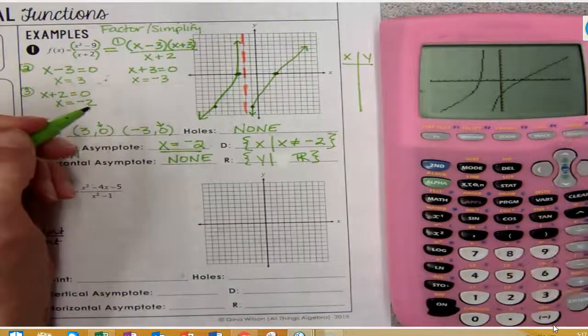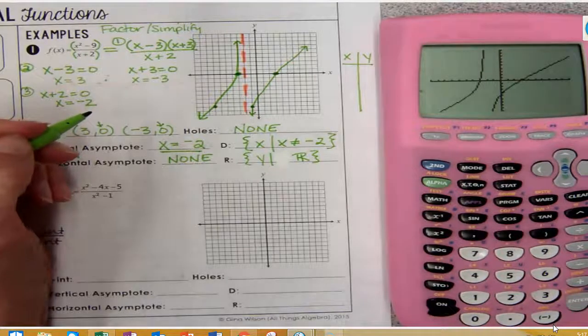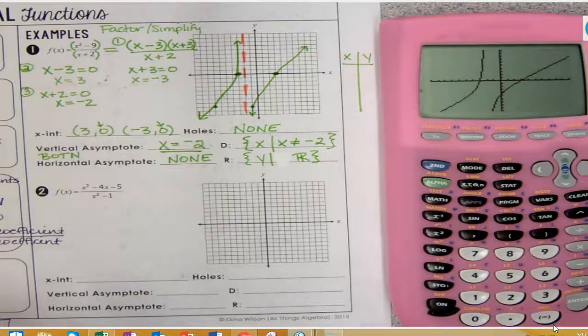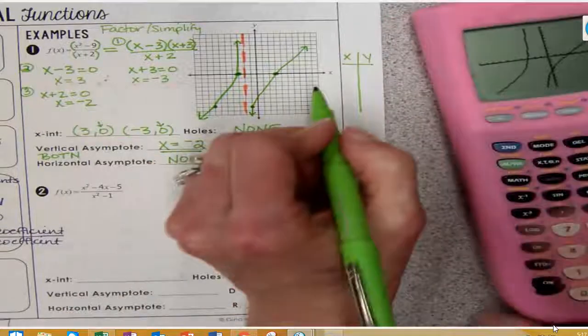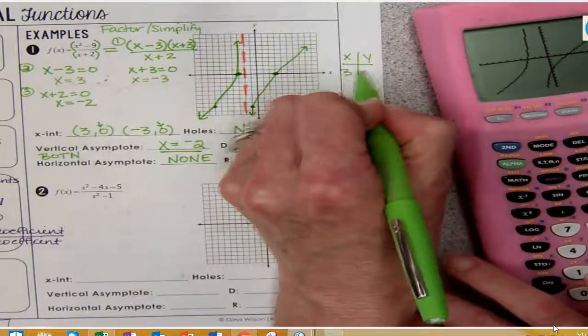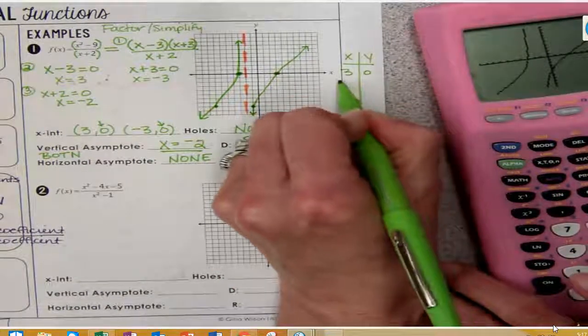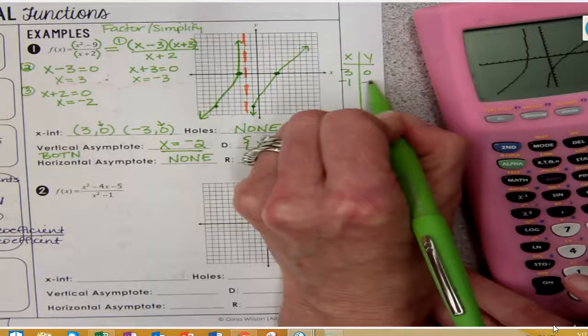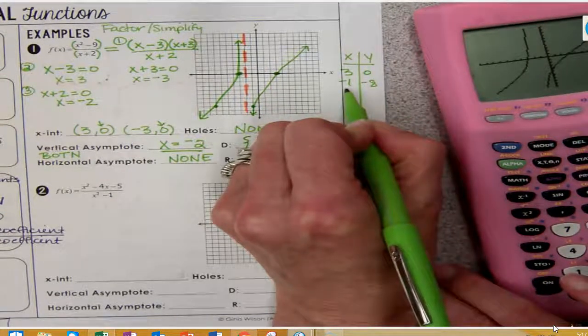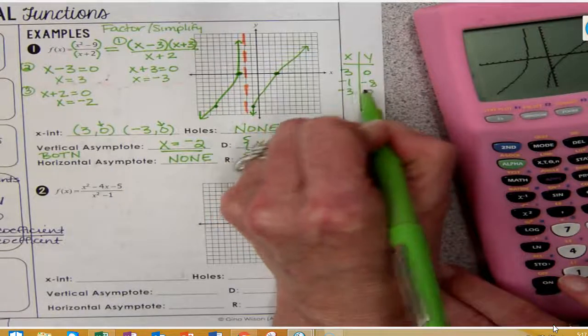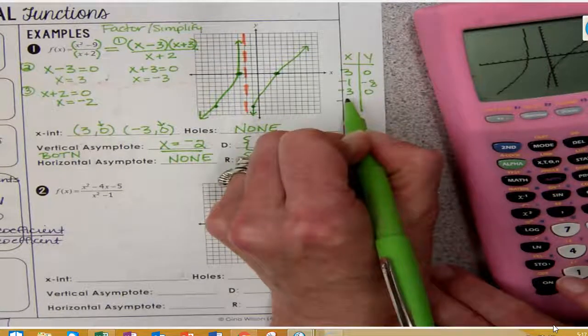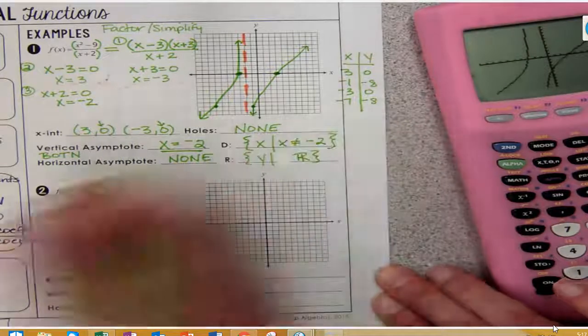And that looks pretty close to what my graph there looks like. Okay? And if you wanted to, you could go ahead and write your 3, 0, negative 1, negative 8. This would be negative 3, 0, and negative 7, negative 8.